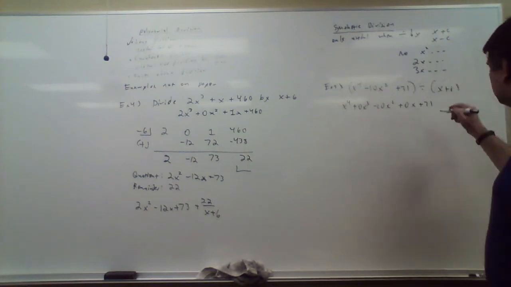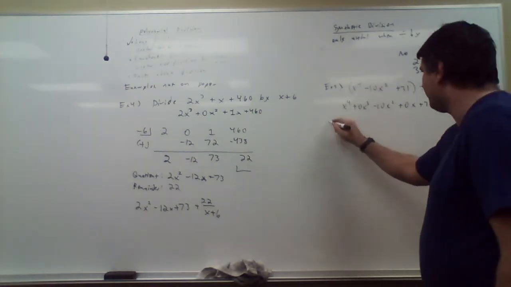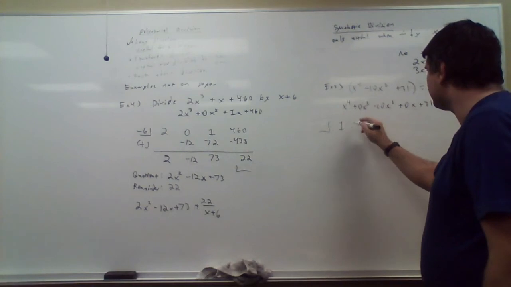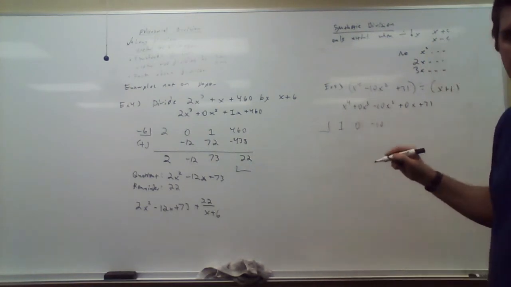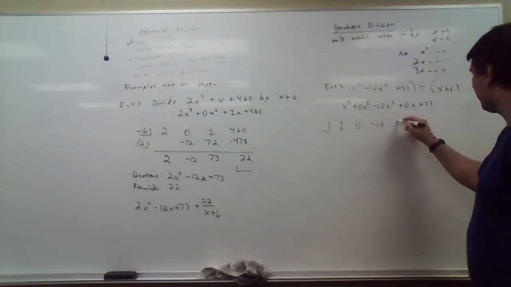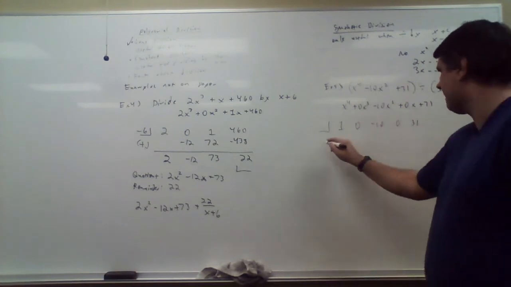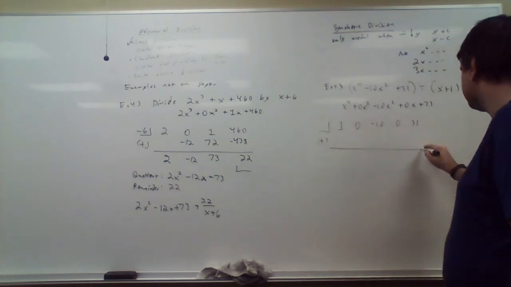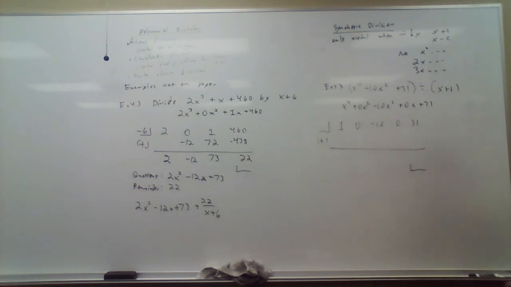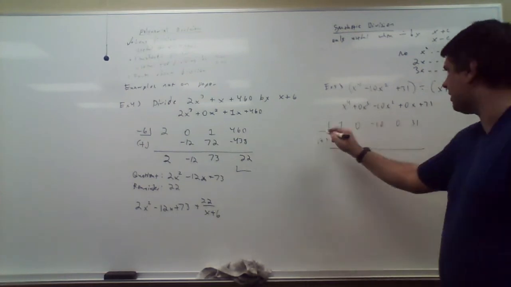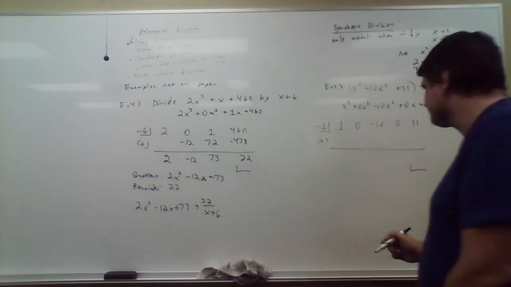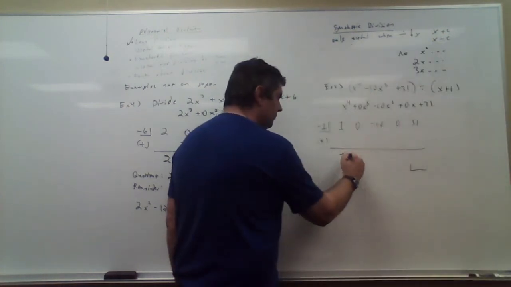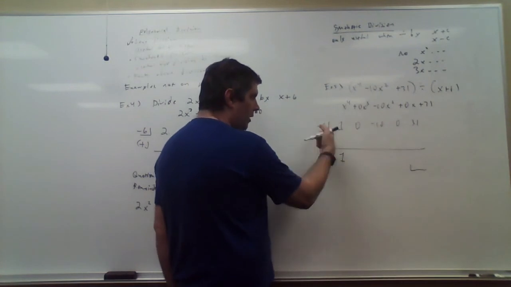Every power of x must be accounted for. So I'll have 1 for x to the 4th, 0 for x cubed, negative 10, 0, and 31. Okay? The opposite of plus 1 is minus 1. Bring down the 1. 1 times negative 1 is negative 1.